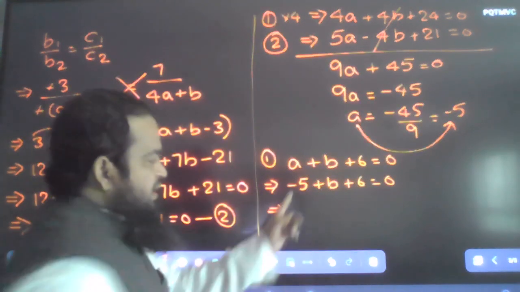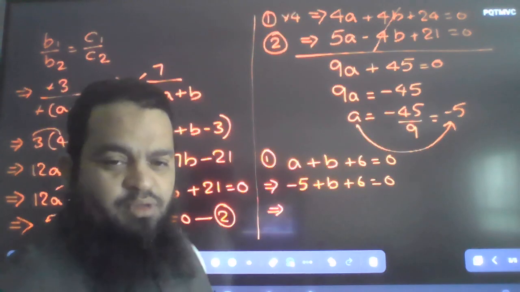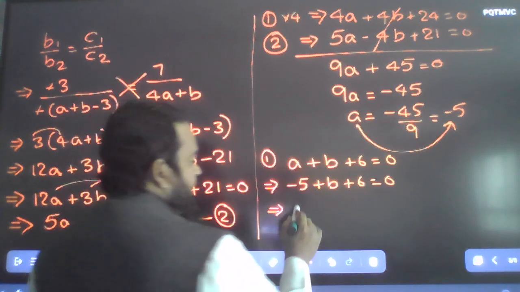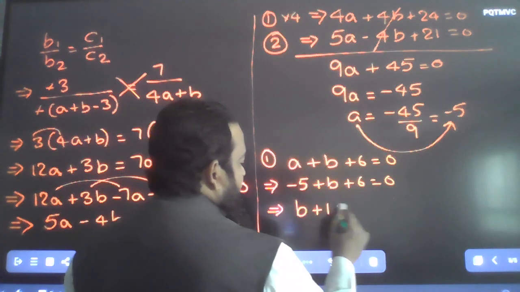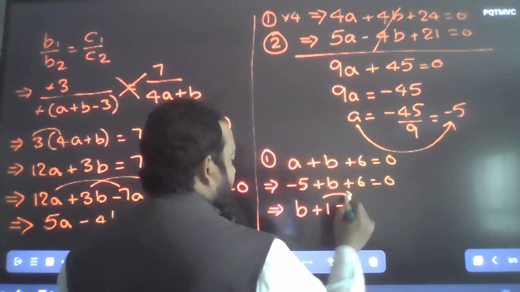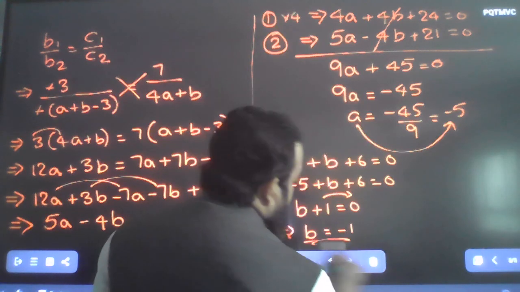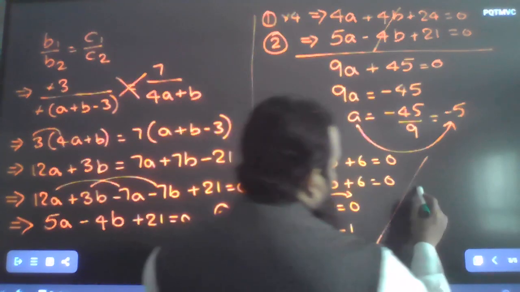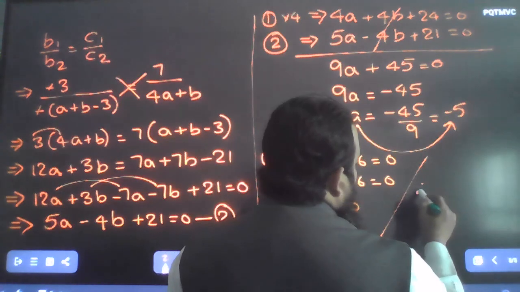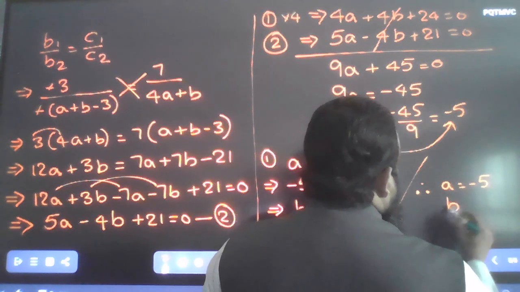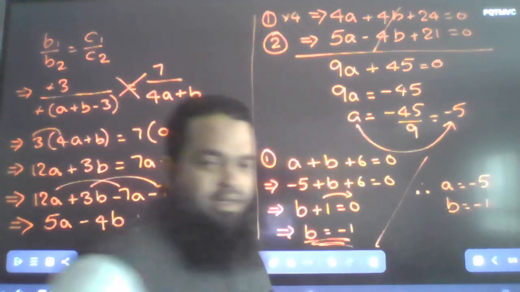One is negative and another one is positive, you have to subtract, right? 6 minus 5 is 1. So B plus 1 is equal to 0. When I transpose, B is equal to minus 1. Therefore, A is equal to minus 5 and B is equal to minus 1.